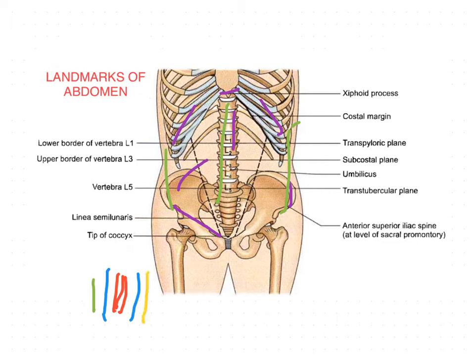Normally the layer nearer to the fascia is where extraperitoneal fat is present, and after the layer of extraperitoneal fat the parietal peritoneum is placed. So these are the layers of the abdomen all over, in both the anterior and the posterior abdominal wall.